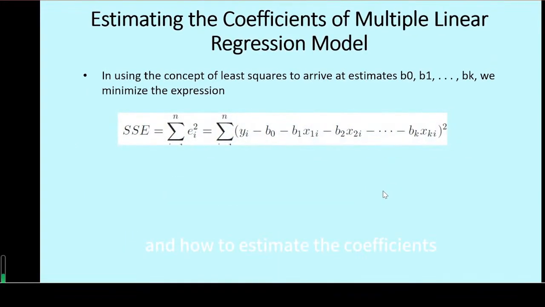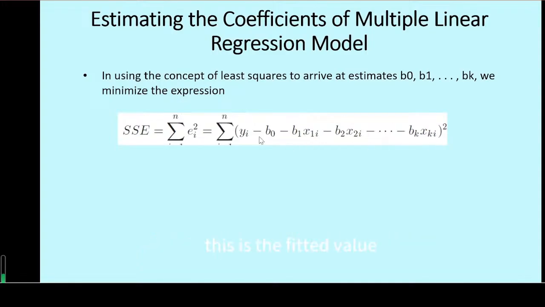And how do we estimate the coefficients of the multiple linear regression model? We use the sum of squared error terms. e_i is the difference between the real y observation, or the response value, and the fitted value b0 plus b1 x1i plus b2 x2i plus until bk xki.